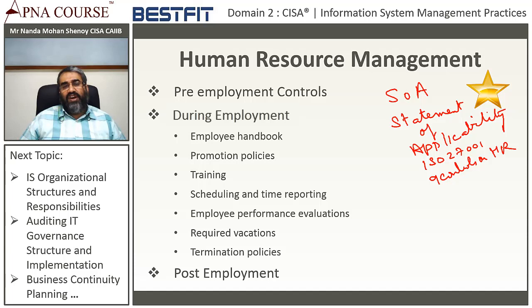In the process of hiring, the interview process, etc., you need to have a lot of pre-employment controls. Now, one aspect from an Indian context I would like to tell you is that when you are doing pre-employment checks, you need to look at their certificates, experience, etc. There is now a common site called National Skills Registry.